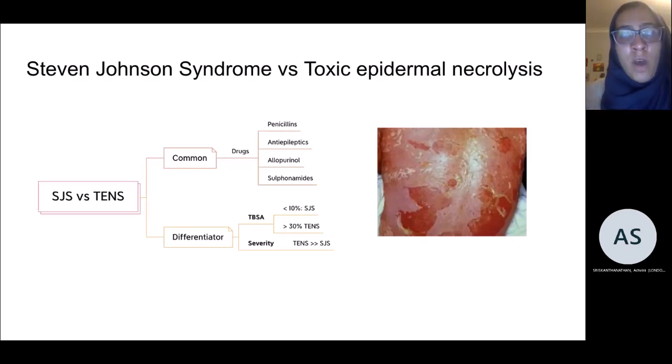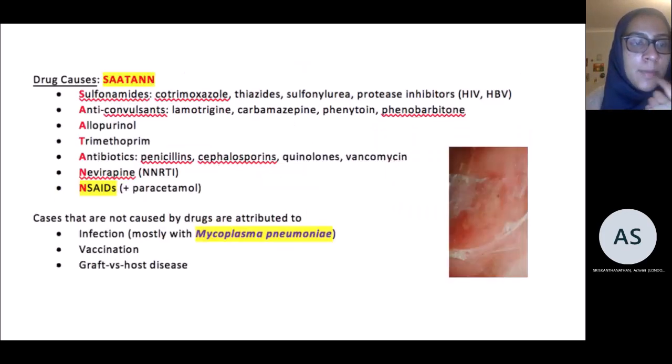If towards the more severe end of the spectrum, you might get their skin becoming more flaccid and essentially peeling off. So you might get Nikolsky sign positive, where you press on their skin and the skin basically comes off. Now, how you treat this is with IV immunoglobulins.